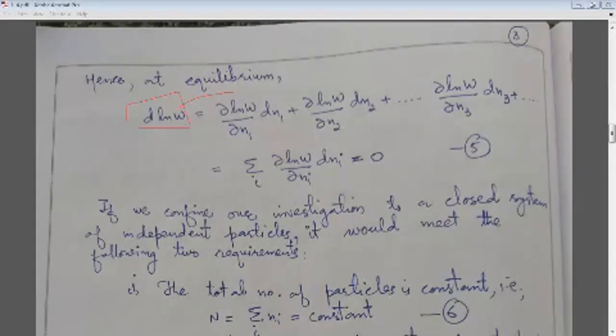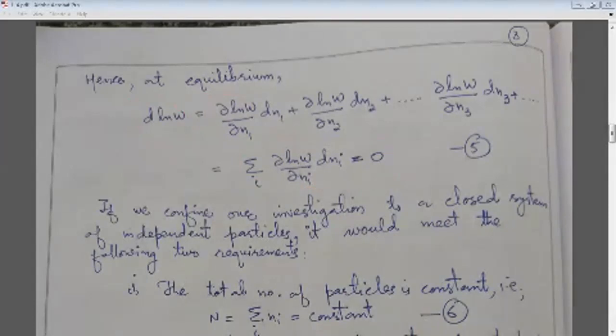Or we can simply write it as the summation over i of dou ln W upon dou ni into dni, which will be equal to 0. It is basically the complete partial differentiation of this term. You can go to Mathematics for Chemists and you will see it is very easily given there.